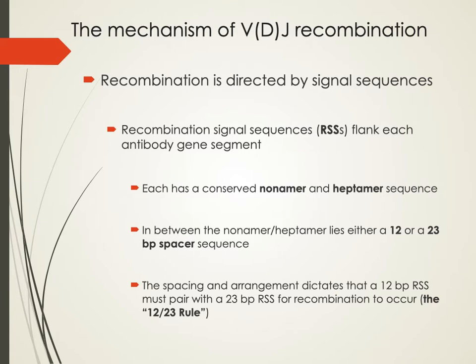Now, what's the mechanism? How does this actually work? How does VDJ recombination occur on the heavy chain and VJ recombination occur for the light chain? The way in which these segments are identified is by recombination signal sequences, RSSs, and they flank each of these gene segments.